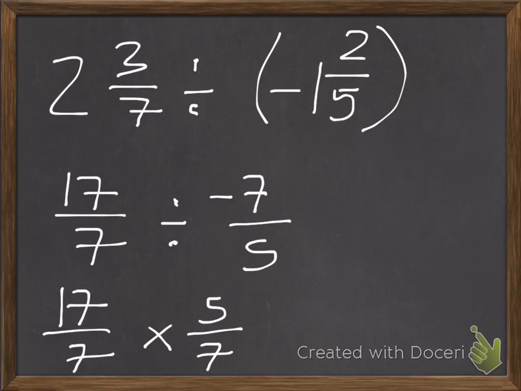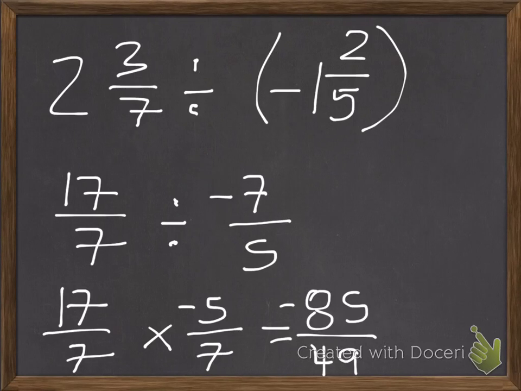Then we multiply. And we can't cross simplify, so we get -5 times 17, which gives us -85, and 7 times 7, which gives us 49. And that's all we can do.